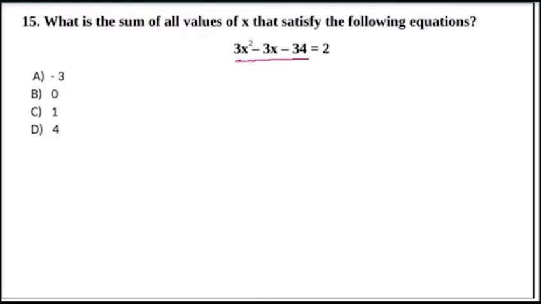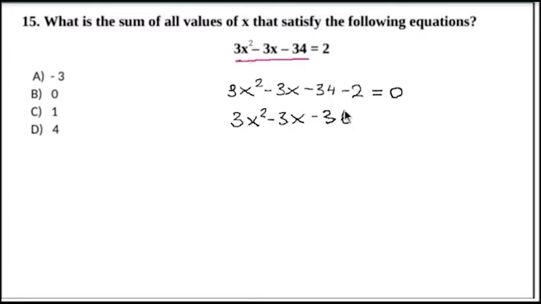So we're going to bring across our values. So we have 3x squared minus 3x minus 34 minus 2, all on the left hand side. So we have 3x squared minus 3x minus 36 is equal to 0.